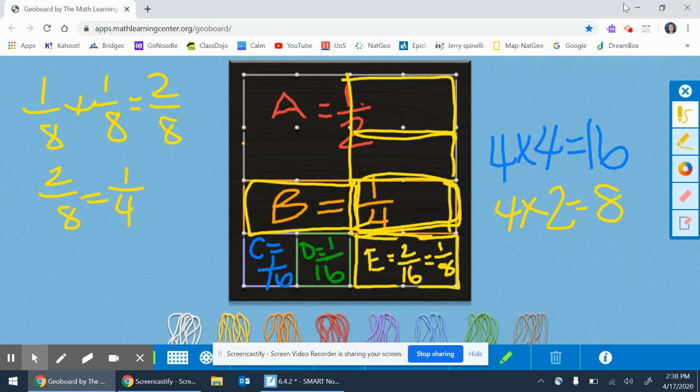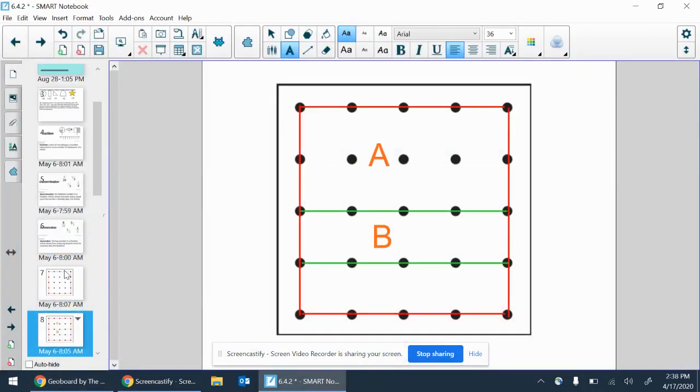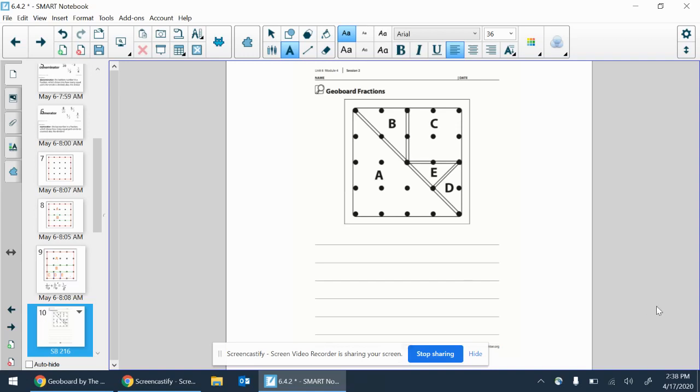What I want you to do now, keep your GeoBoard up if you need it, because we're going to be looking at page 216 in your yellow student book. This is what that page looks like. So look at page 216 in your yellow student book.